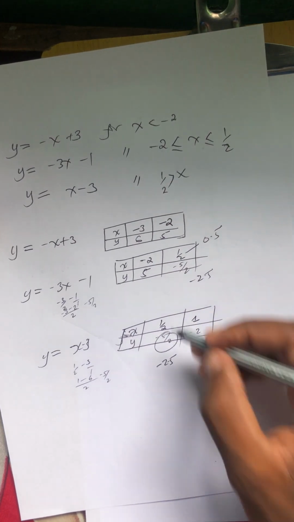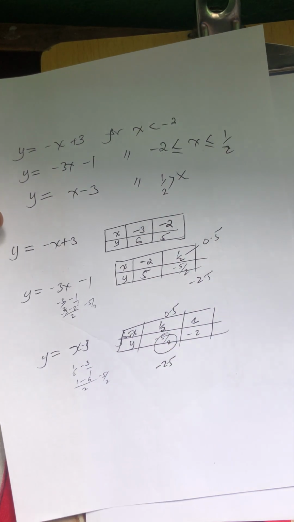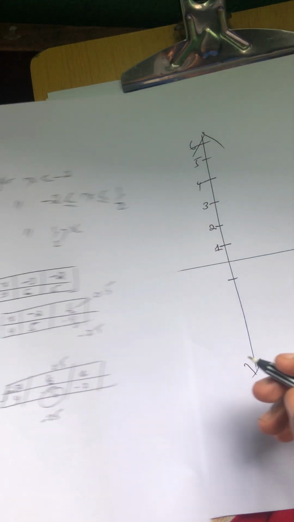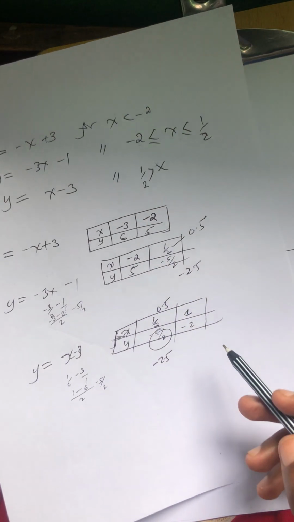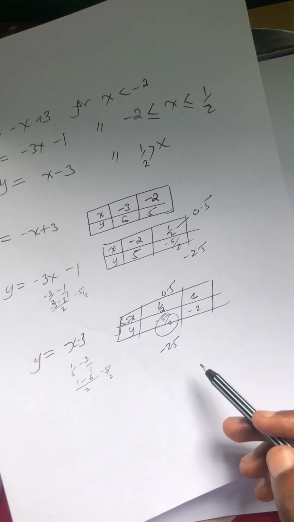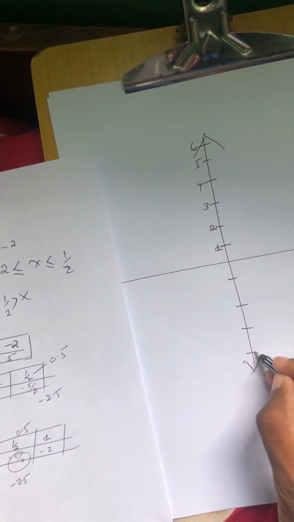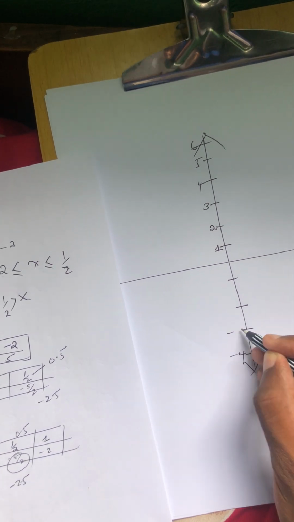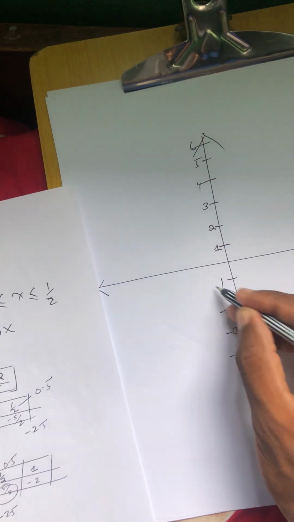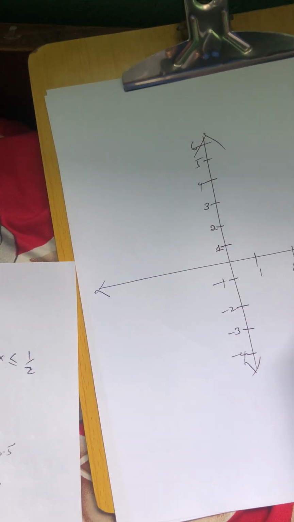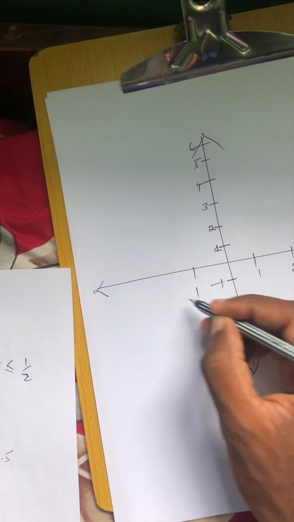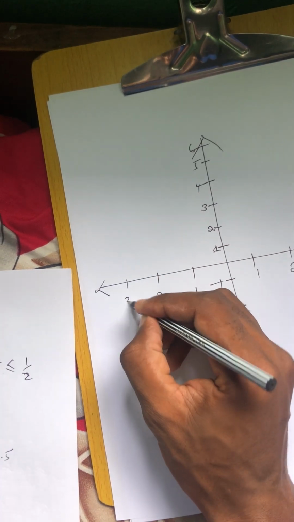Even here it's 0.5, right? If you convert these into fractions. So the highest in y is 6, then the lowest in y is negative 2. So here you can just say negative 4, negative 3, negative 2, negative 1, then 1, 2, 3, then 1, 2, 3.